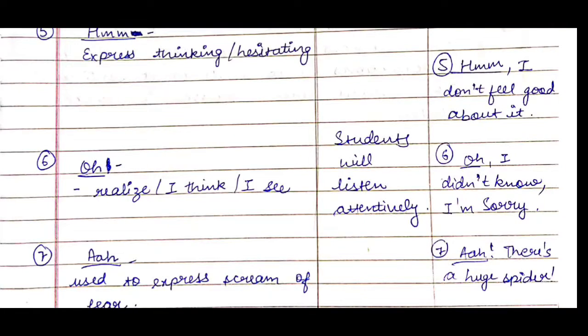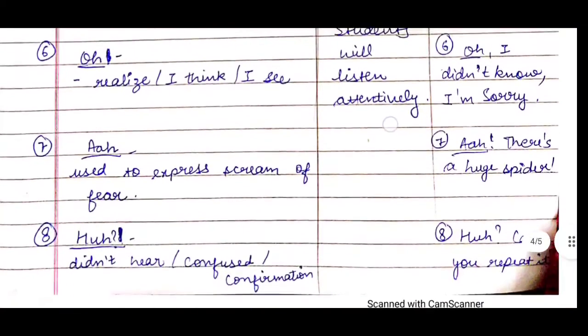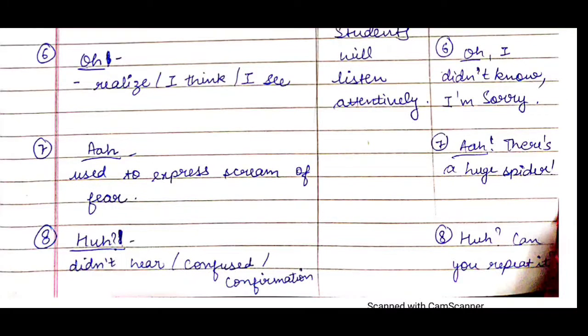Students will listen carefully to this explanation. The sentence related to oh is, "Oh, I didn't know, I'm sorry." Here it is used as a realization. Then the next one is ah, used to express fear.